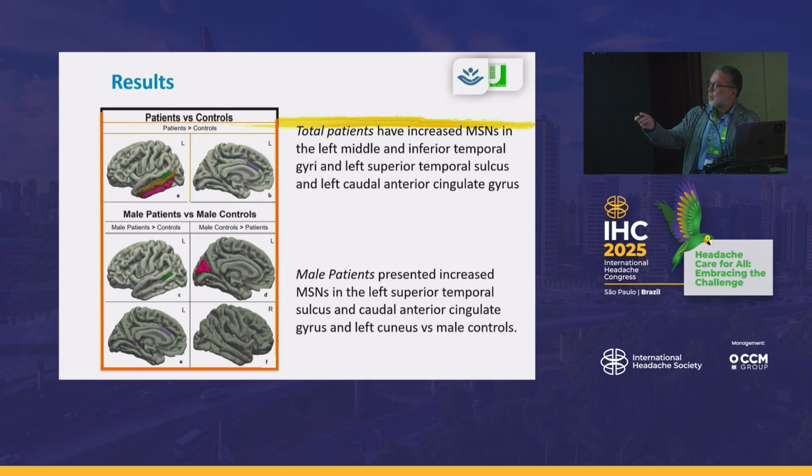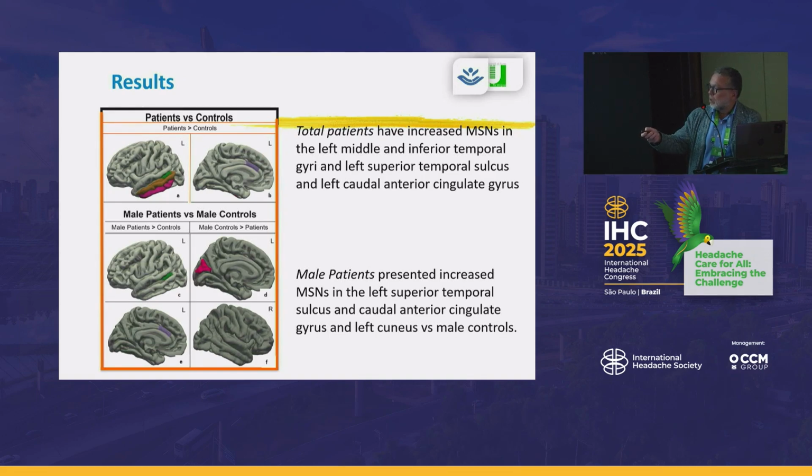When we compare patients versus controls, we found increased morphometric similarity networks in the left middle inferior temporal gyri and in the left superior temporal sulcus, and in the cingulate gyrus, the posterior part of the left cingulate gyrus.